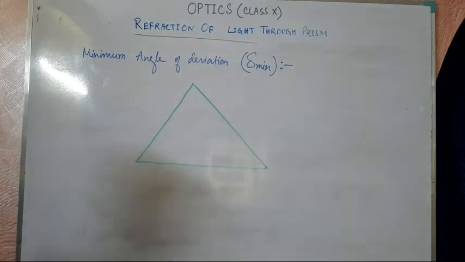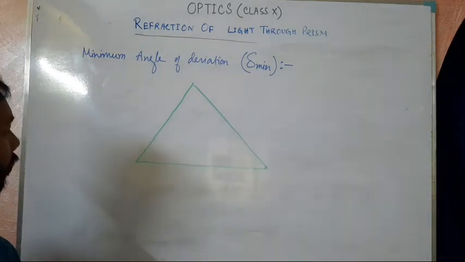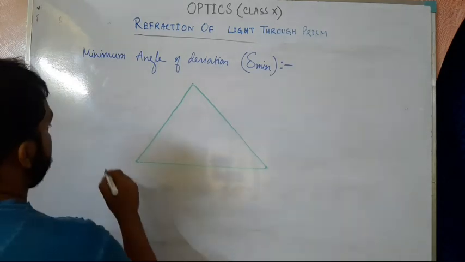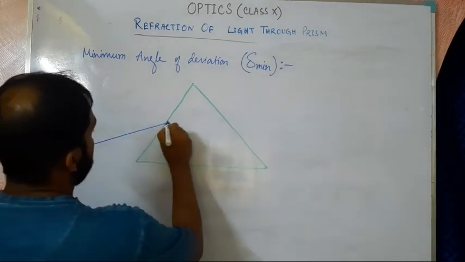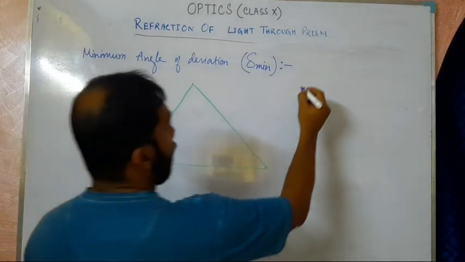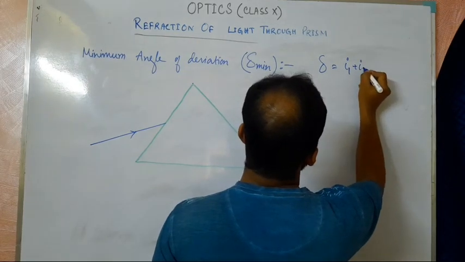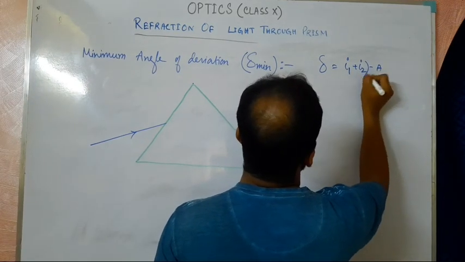Now we have to find the minimum angle of deviation. We know deviation delta is equal to I1 plus I2 minus A.